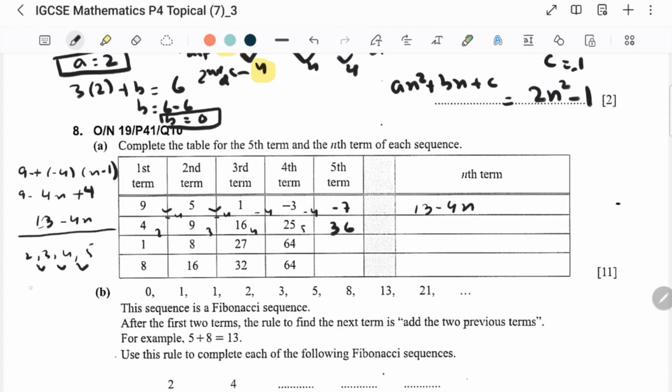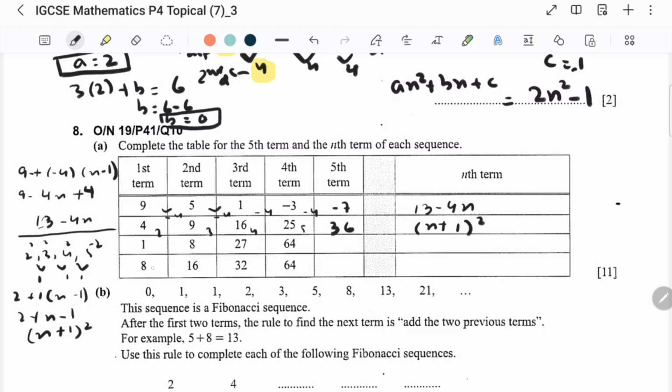So that is a plus d(n minus 1), 2 plus n minus 1, which is n plus 1. And then put the whole square because 2 square, 3 square, 4 square, 5 square is there. So (n plus 1) whole square. 1 plus 1 is 2, 2 square is 4. 2 plus 1 is 3, 3 square is 9. So you can check like that.